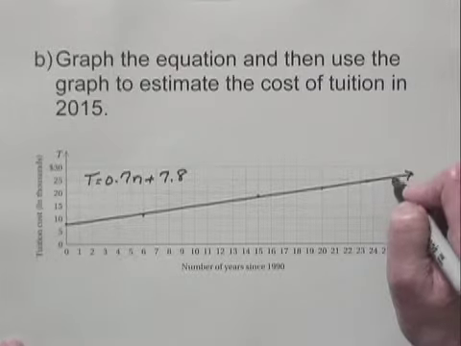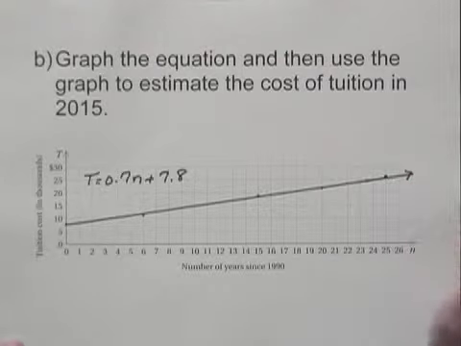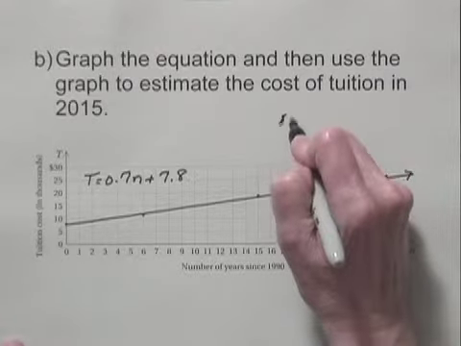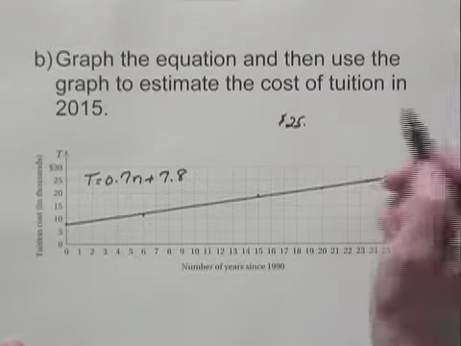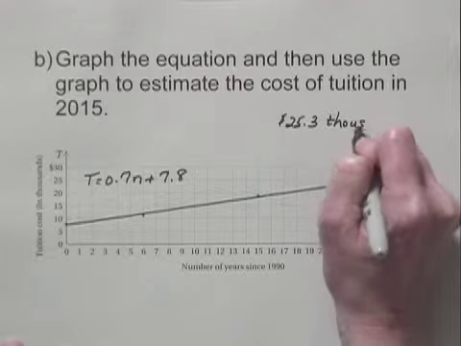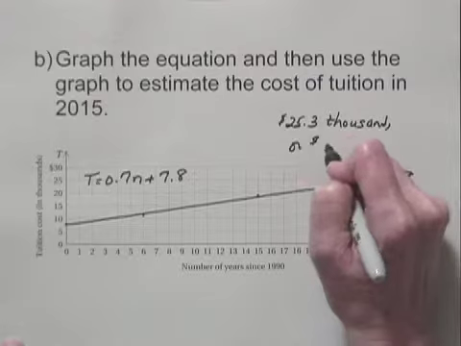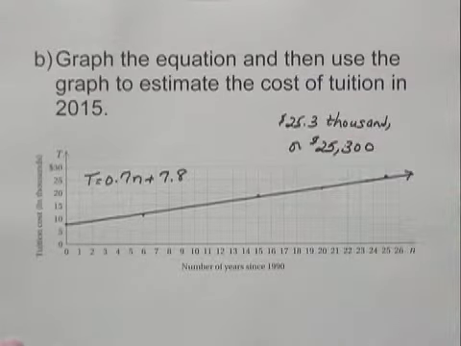And it looks like the point there is just a little bit above 25, and we'll estimate it at 25.3. So we would say that the tuition in 2015 would be $25.3 thousand, or we could write $25,300.